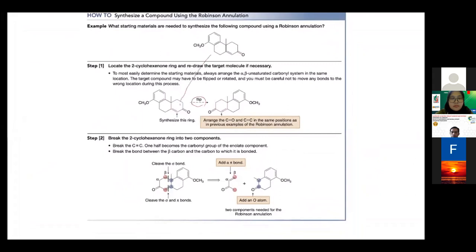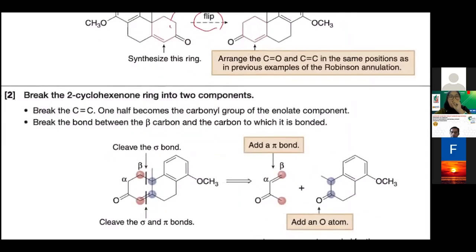The flipped structure and the original are the same structure, just seen from a different direction, and cleaving the double bond, cleaving the bond. Because this one is the alpha position, beta position, and this one is the cut, probably the alpha and the Michael reaction. We insert this bond, and this one comes from the Aldol reaction.